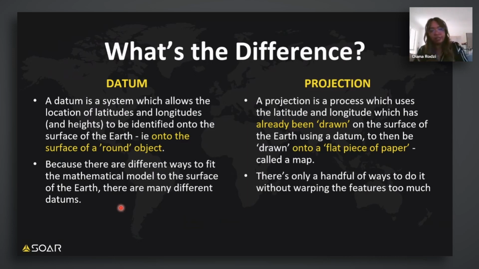Whereas for projections, there's only a few ways you can lay something flat, because there's only a few ways you can do it without messing up how your map will look. Because the last thing you want is for your map of a place to not look like the place anymore. You still want it to look like the place that you're talking about. So that's why there's only a few projections and a lot of datums.